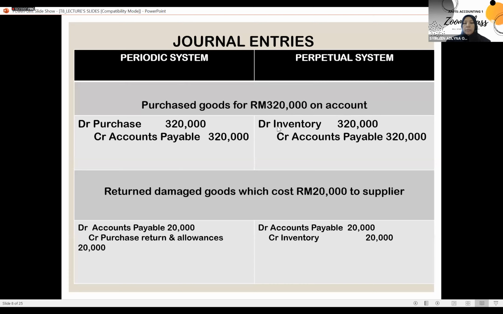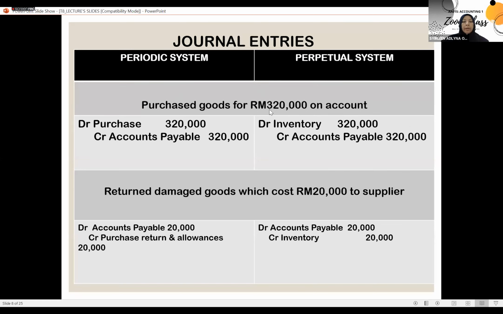Okay, so maksudnya semasa beli tu you akan nampak 320 ni will be added into your inventory. Okay, tapi kita masih credit accounts payable because the purchase was made on account. Okay, alright. This is the difference kalau kita catat guna periodic system and perpetual system for purchases.